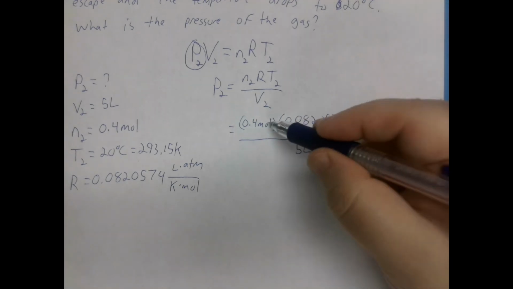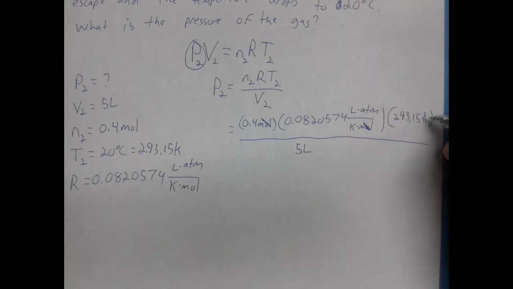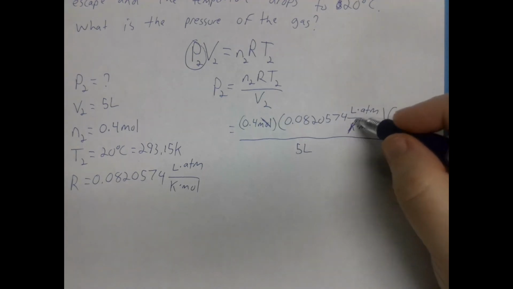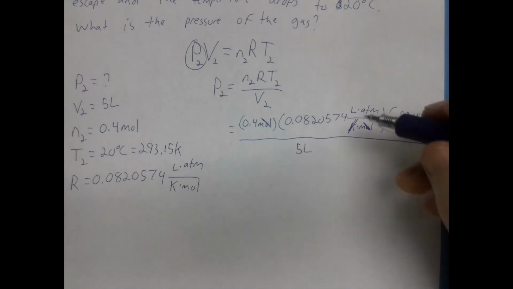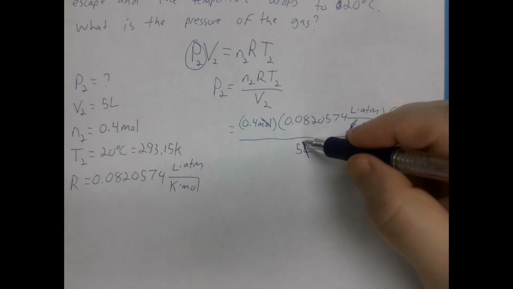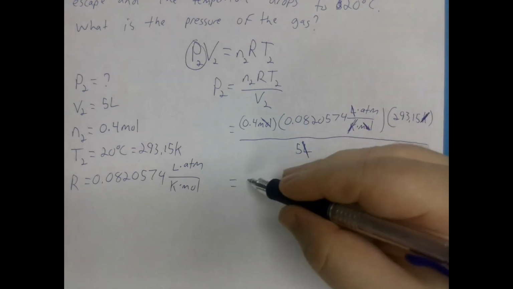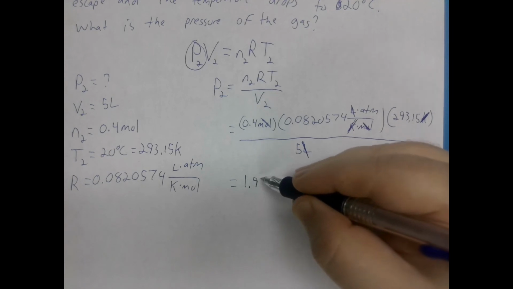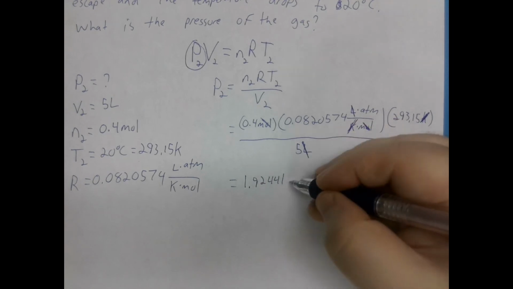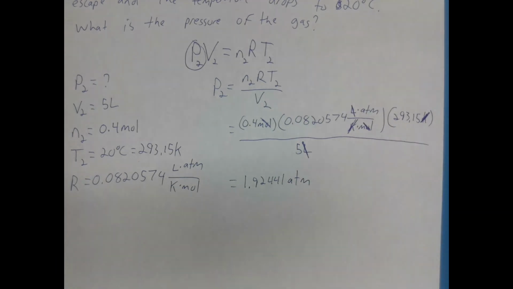This mole and that mole will cancel out. This Kelvin and that Kelvin will cancel out. And this liter and that liter will cancel out, leaving us atmospheres. So plugging that into the calculator, we get 1.9244 atmospheres. So the pressure inside went from 2.5 atmospheres to 1.942441 atmospheres.